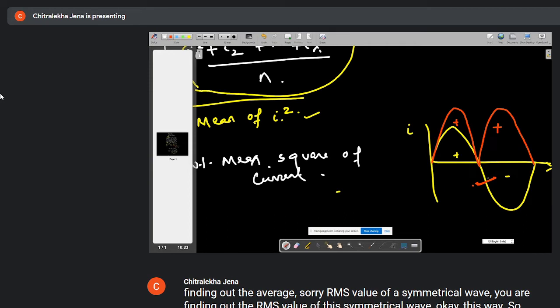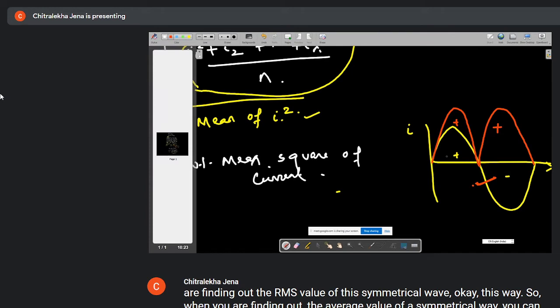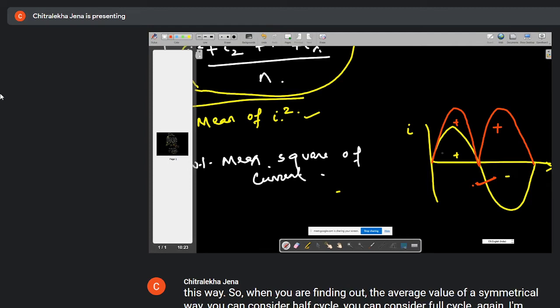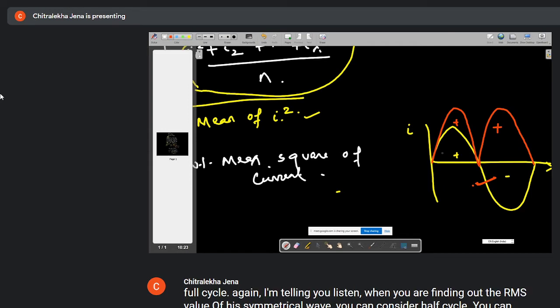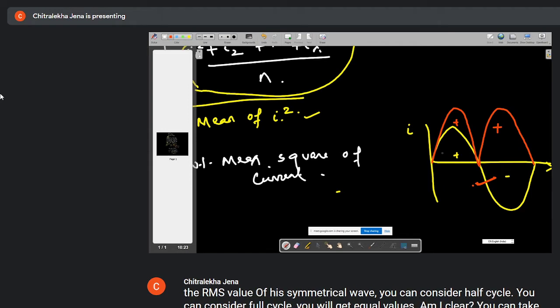Again, I am telling you, listen. When you are finding the RMS value of a symmetrical wave, you can consider half cycle or full cycle. You will get equal values. But when you are taking an unsymmetrical wave, then you have to consider the full cycle only.